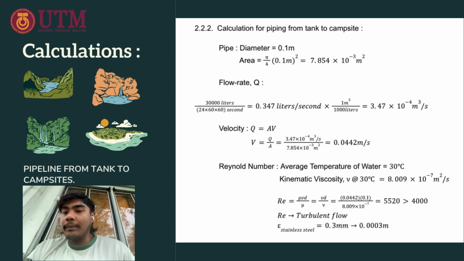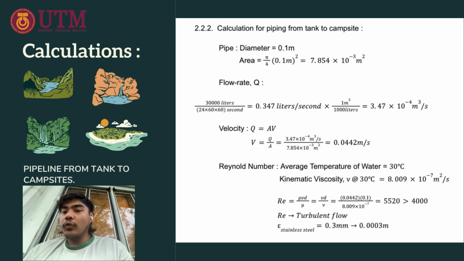Next, for the part 2 calculation for the pipeline from the tank to the campsite. Also the same, our pipe diameter is 0.1 and our area is 7.854 times 10 to the power of negative 3 meter squared.